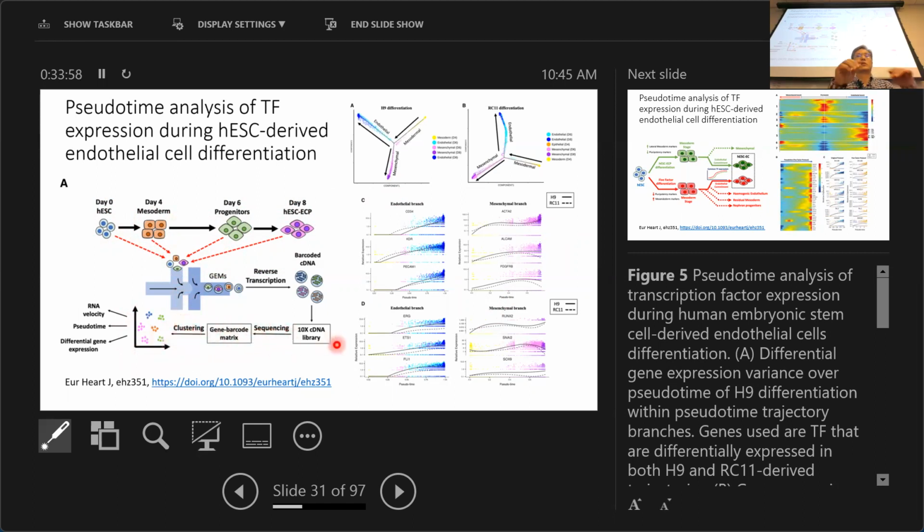Then you go through this pseudo-time algorithm to linearize, basically make an elongated cluster. Basically, a cluster is a cloud. If you use an algorithm to force those cells to be aligned on the curve, then you get something like this. What they found is you can reconstruct some of this process.